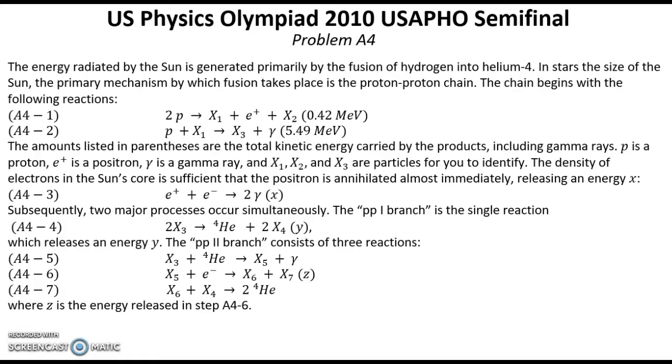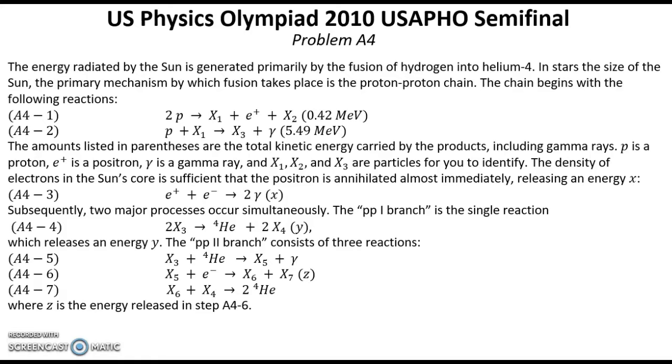Subsequently, 2 major processes occur simultaneously. The PP1 branch is the single reaction: 2 elements X3 go into helium-4 plus 2 elements X4, which releases an energy Y. The PP2 branch consists of 3 reactions. First reaction is element X3 plus helium-4 go into element X5 plus gamma ray.